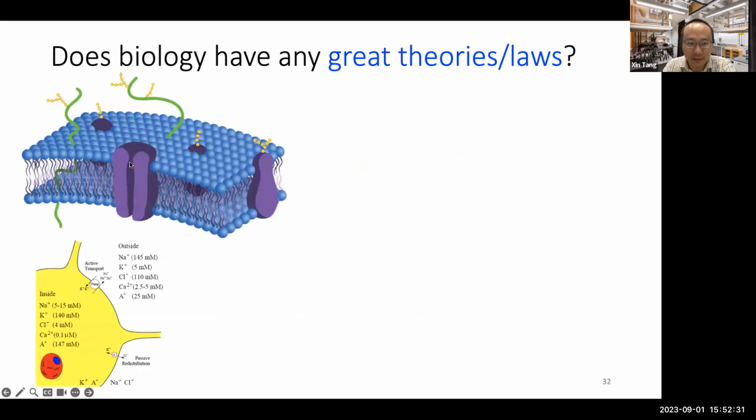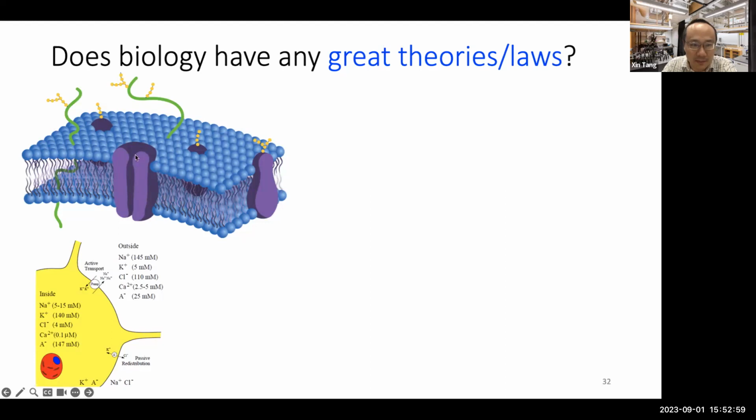Now, the membrane is not that simple. If you look at the membrane and measure it, there are many transmembrane proteins. Those proteins selectively segregate the composition of the ions to make them different inside and outside the cell.